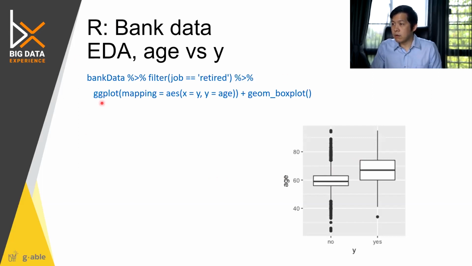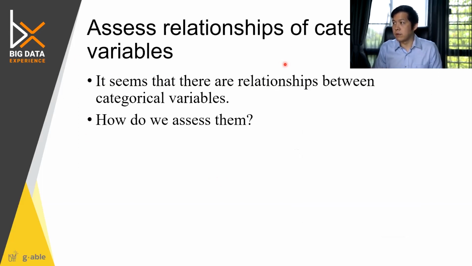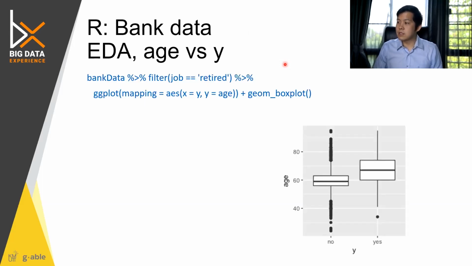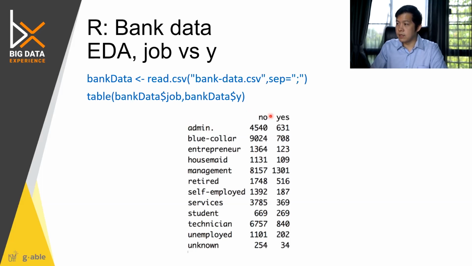So we are not going to look at this today, because this is the relationship between categorical and numerical variables. In terms of categorical and categorical, when we look at the way we calculate odds, the odds values, we have this: if you have a job of admin, you have a chance of about 7 to 1 to accept the offer, right? But if you are in the retired stage here, you can see that the chance increased to 3 to 1, right?